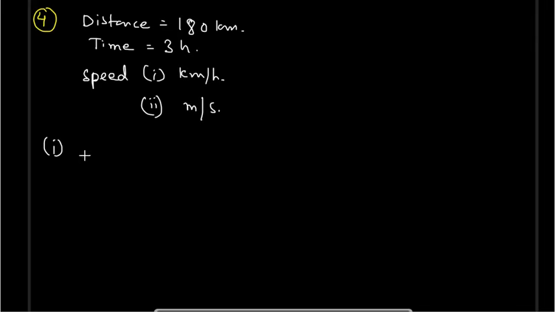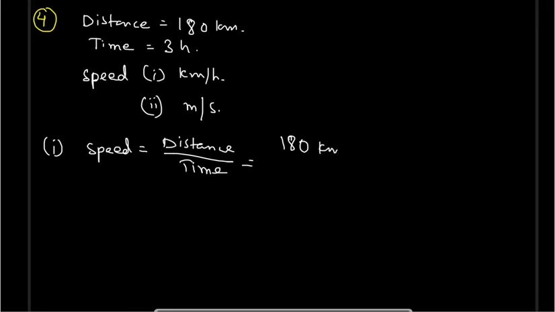So the first one, speed is equals to distance upon time. Okay, so distance is how much? 180 kilometer and time is 3 hour. All right, so 3 sixes are 18, so 60 kilometer per hour.